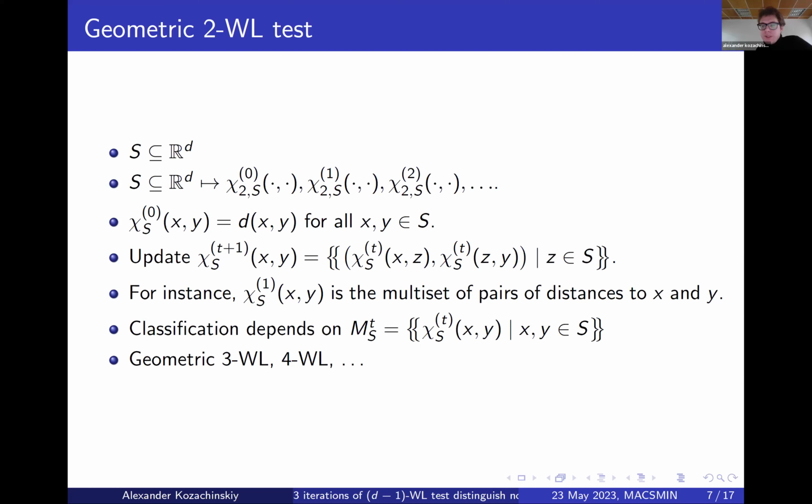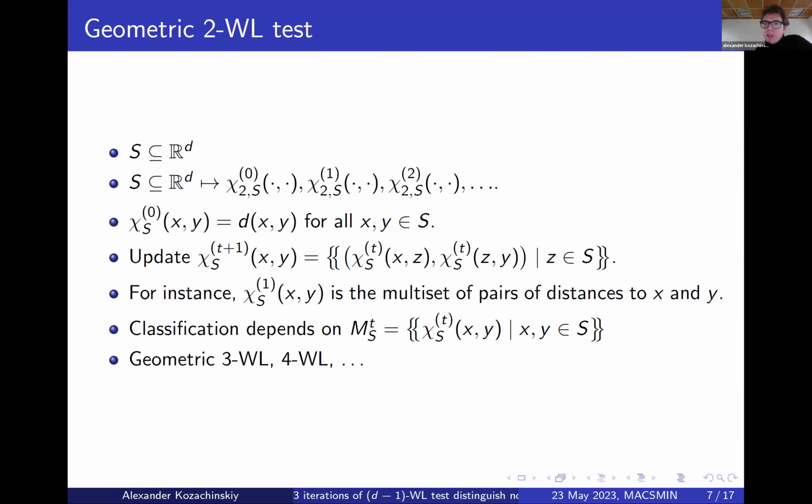So what's the difference? As I said, now a point cloud will be mapped to a sequence of labelings. Each is now a function on the set of pairs of points of S, so it will get 2 points on input.